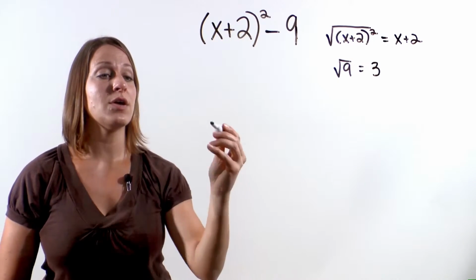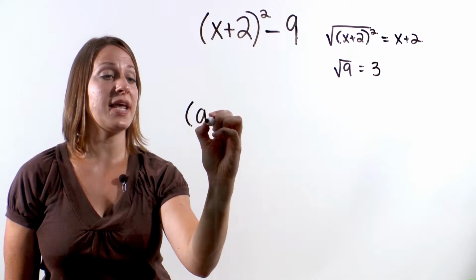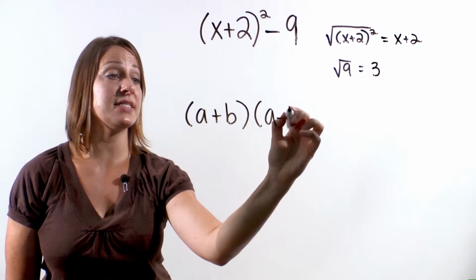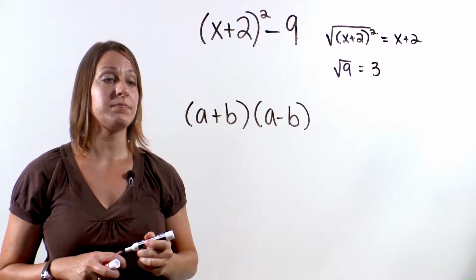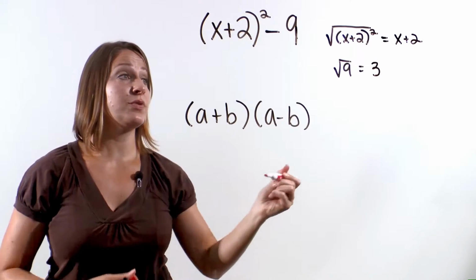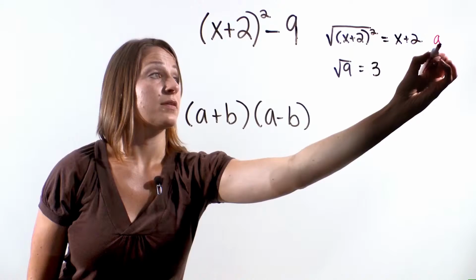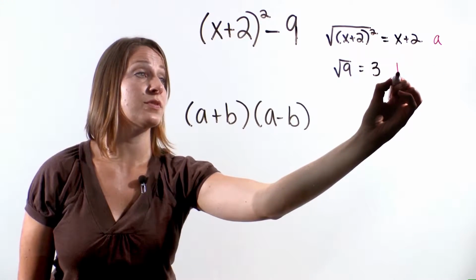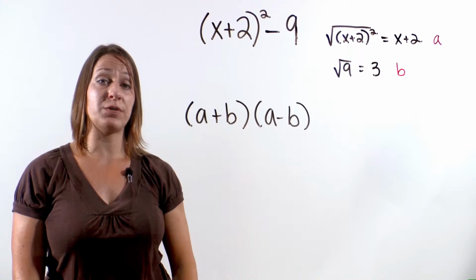Remember, our answer will fall into the format a plus b times a minus b. A will be the square root of our first term. B will be the square root of our second term.